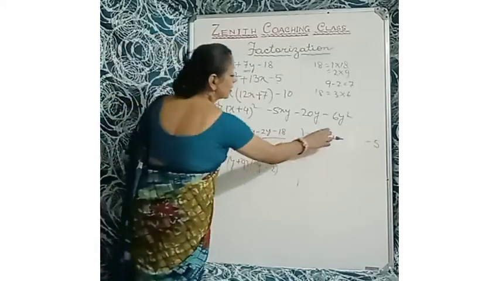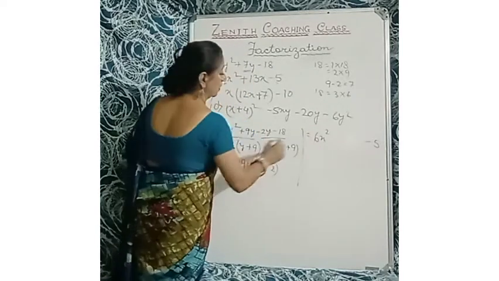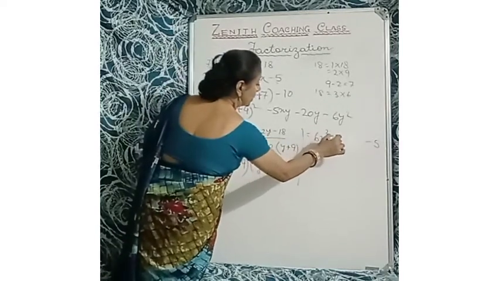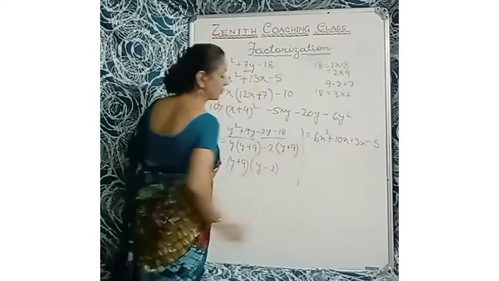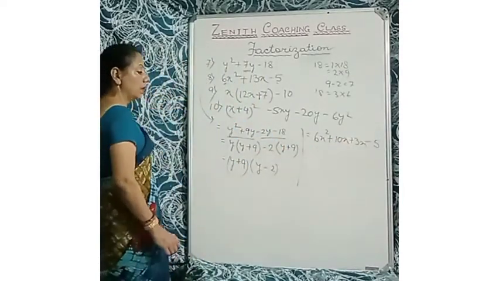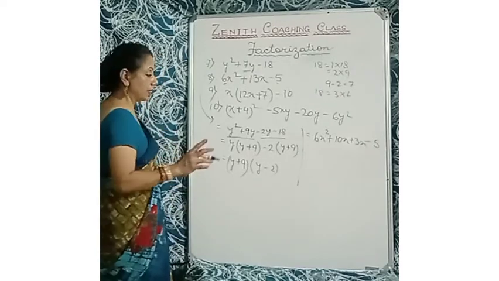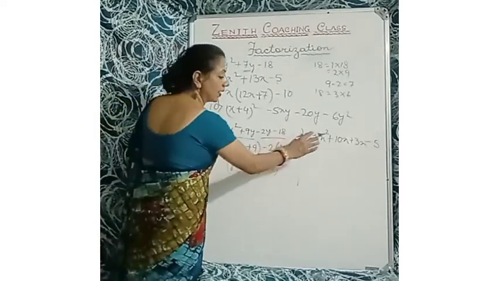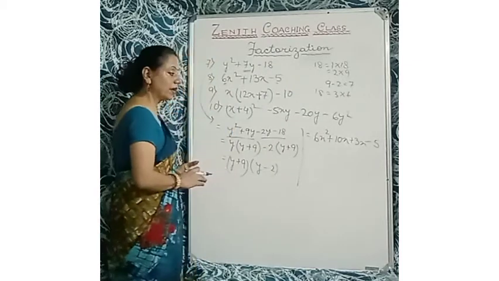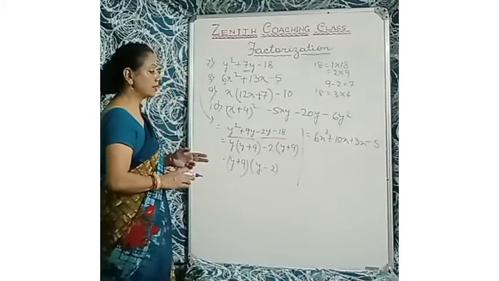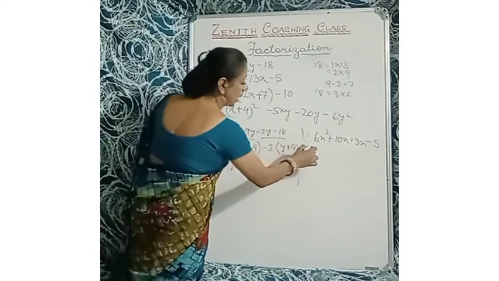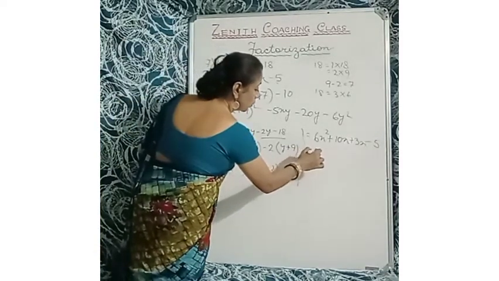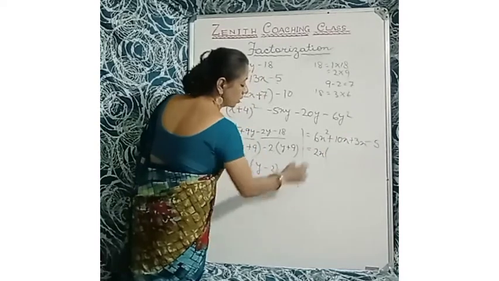So we will take this, that is plus 10x plus 3x. There is a problem that I will tell you. First, let me take this sum. 10 threes are 30, and 10 plus 3 is 13. So I will take 2x common.